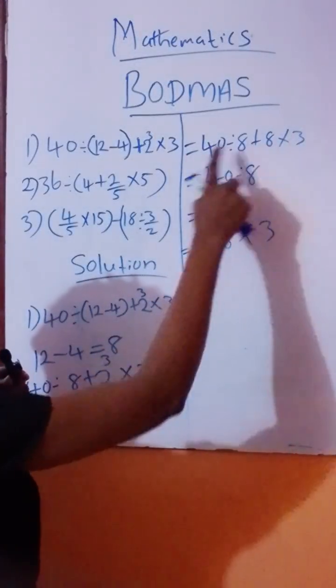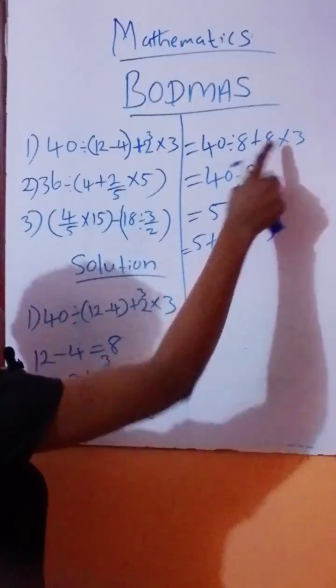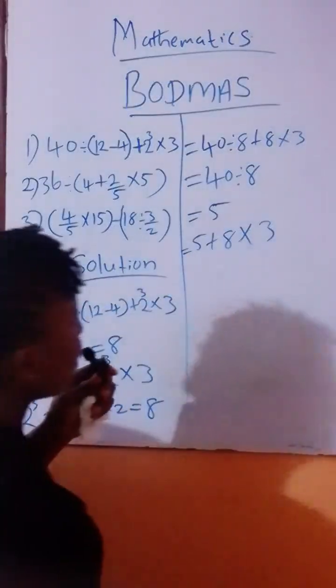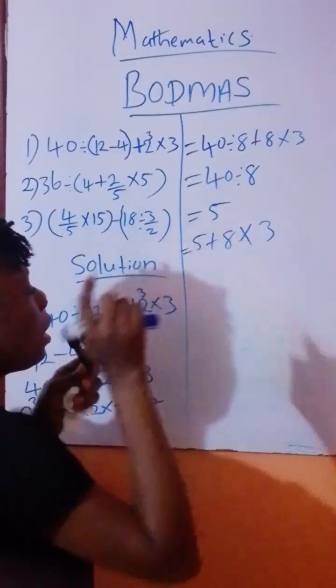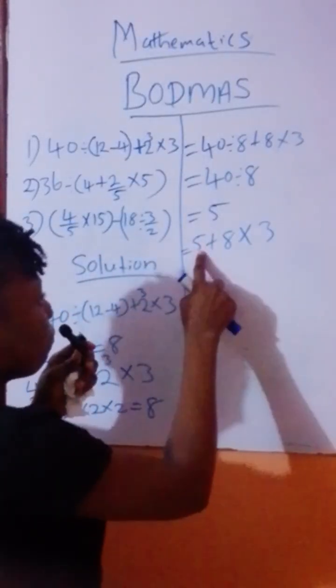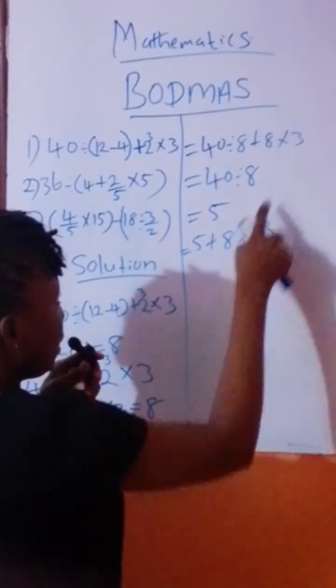This is it here, times this 3. Then we said 40 divided by 8, which is going to give us 5. That means we are left with 5 plus this second 8 times this 3.